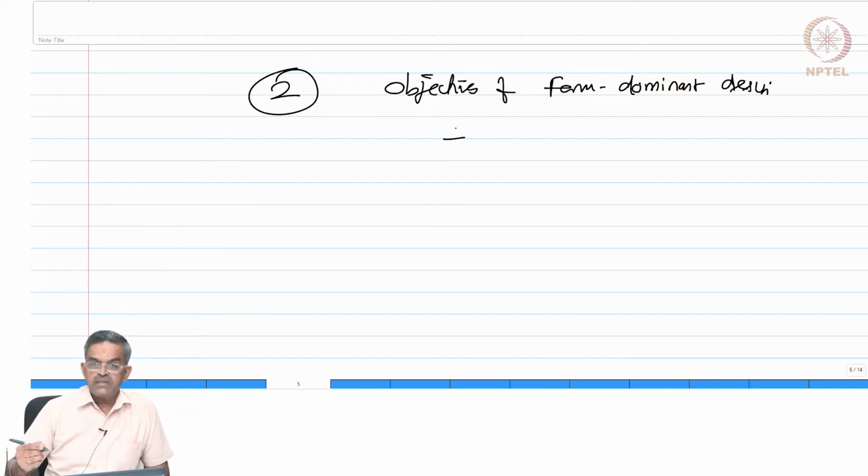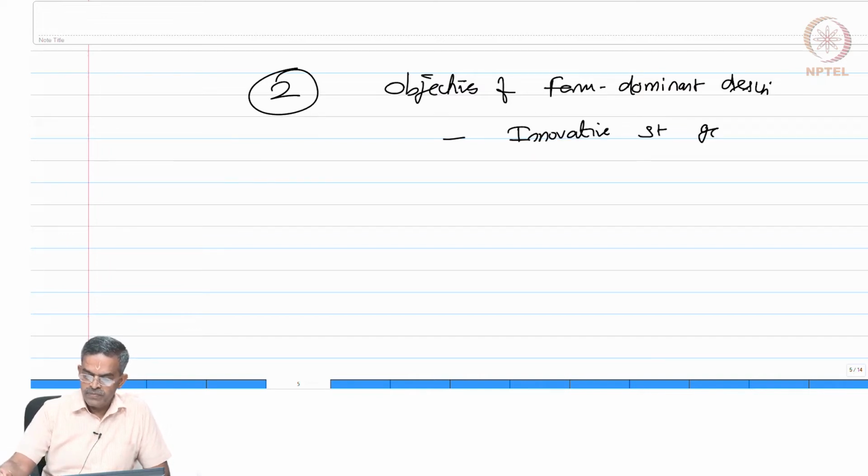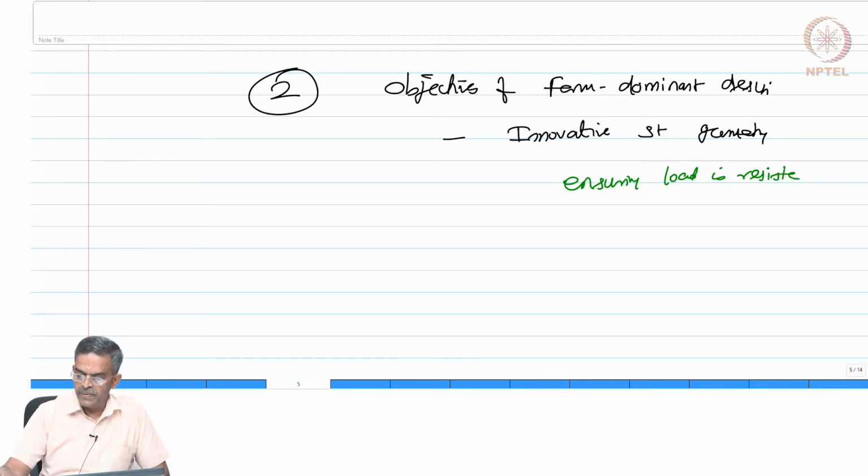The first objective is innovative structural geometry and ensuring load is resisted, not by material strength, but by the geometric form.